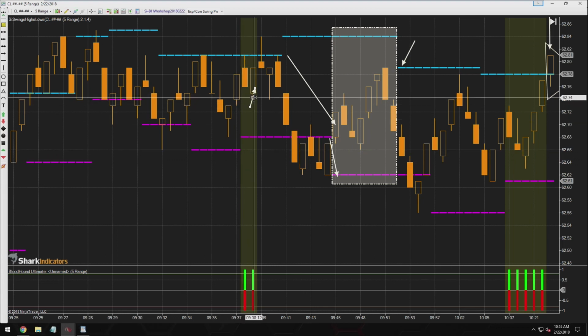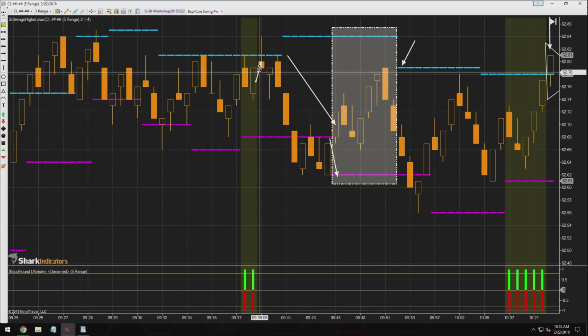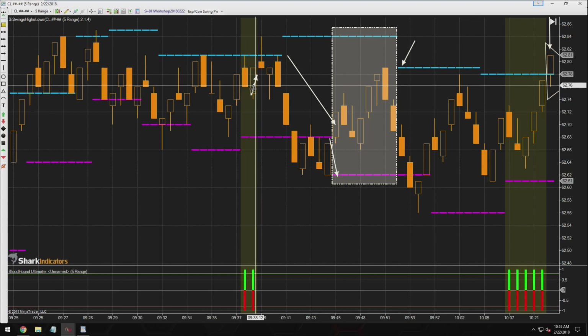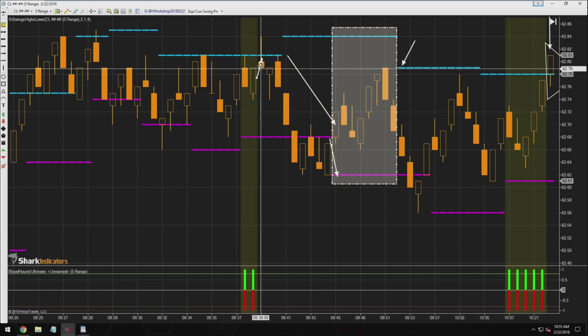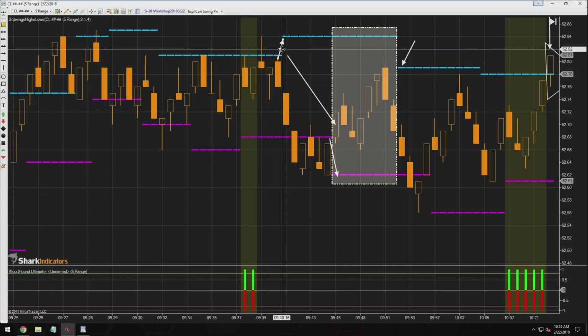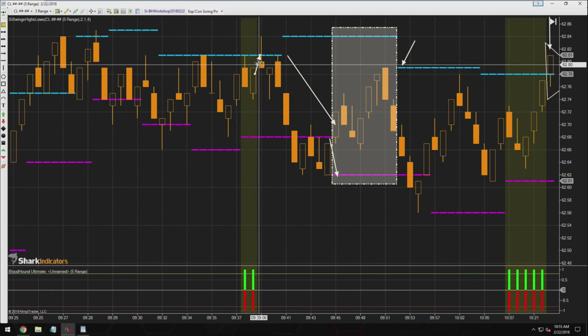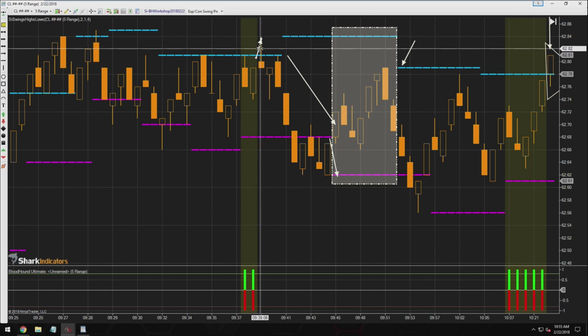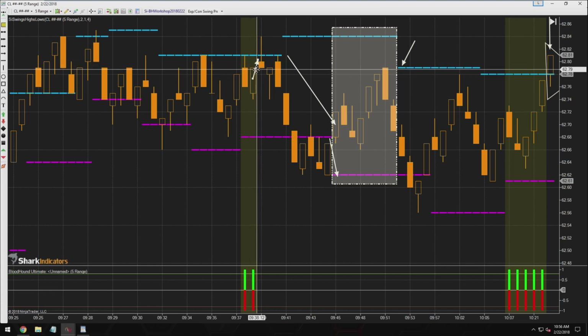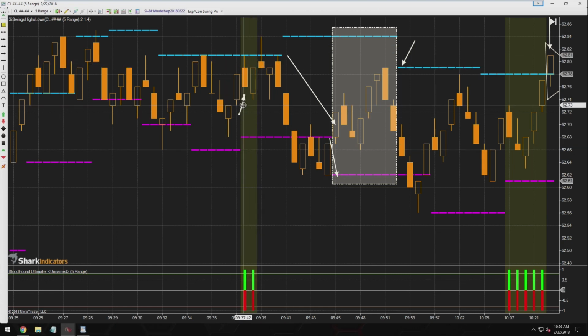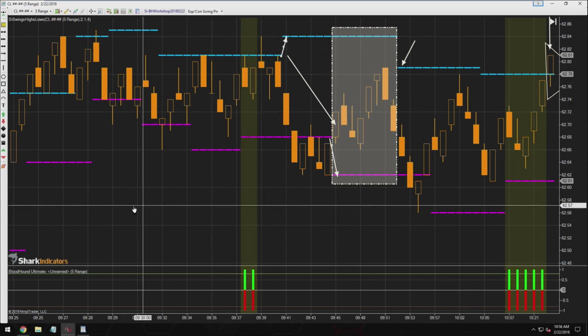So we had 2 bars of contraction, but then we had 1 bar where price had managed to break above the swing high. So our expansion ended a little earlier. Instead of waiting for the swing high to expand, we were able to identify basically a new high being made as soon as possible here, right? So as soon as that bar broke the swing high, we were able to turn off the contraction here.